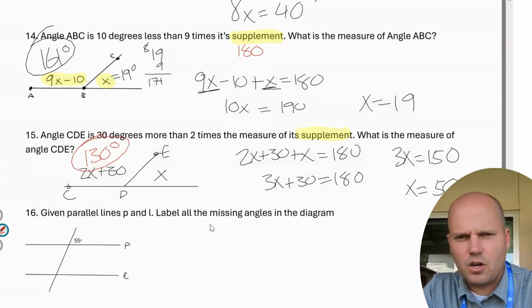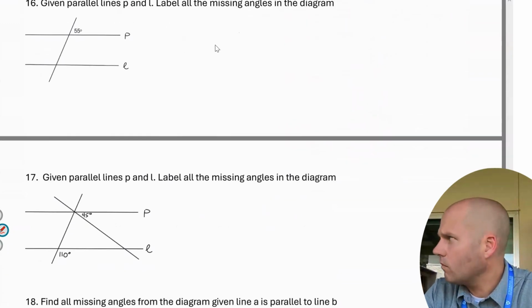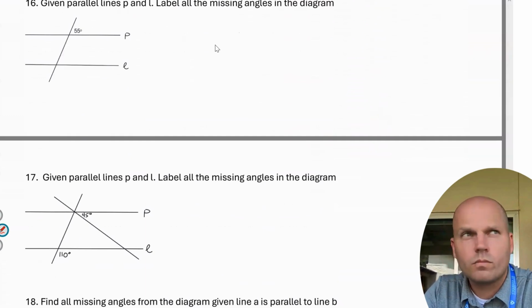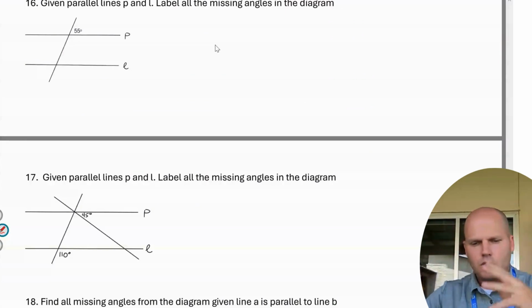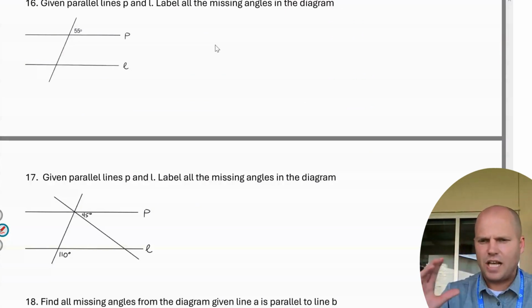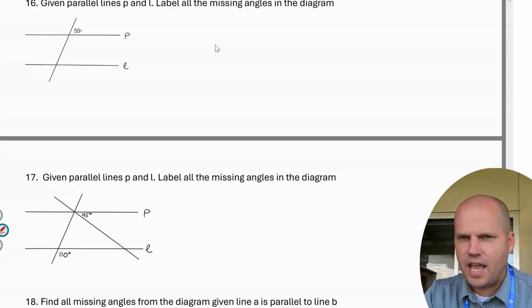Cool. Then we go to the most recent lessons, where we see parallel lines, lots of mirror images, lots of angles that are equal to each other. Since we're lines, we see lots of supplementary angles.